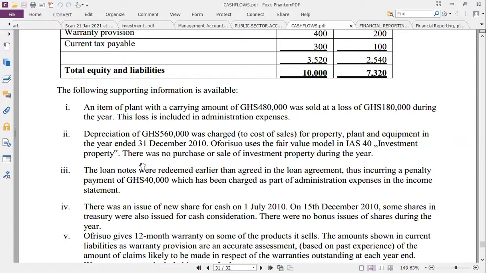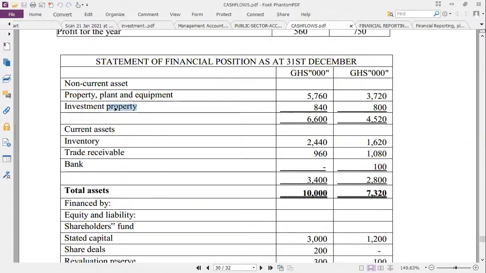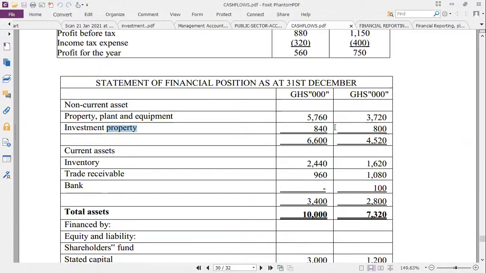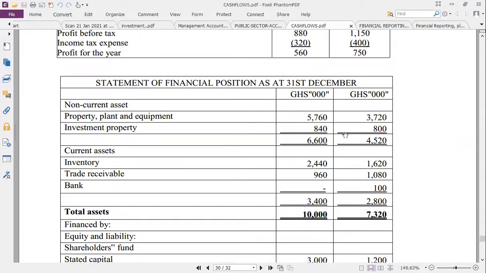Let's go to the next sentence. The company uses the fair value model in IAS 40, investment property. There were no purchases or sales of investment property during the year, meaning that the changes in the investment property go to the financial position immediately. At the start of the year, 2010 being the current year and 2009 the previous year, the opening balance is 800 and the closing balance is 840.